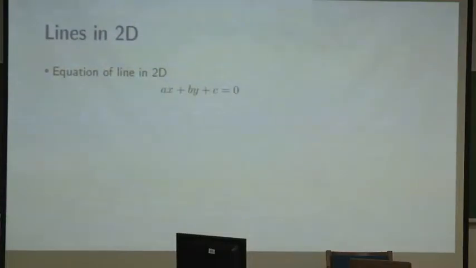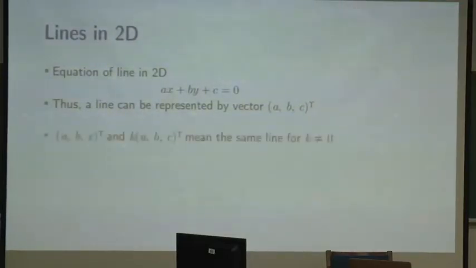So really, a and b define the direction of the line, and c somehow defines the location of the line in some sense. Okay? So I can represent this line as a vector because the parameters of the line are not x, y, they are a, b, c. So I can write it as the vector (a, b, c) transpose. Okay, good. Now notice that this vector is the same up to a scale.